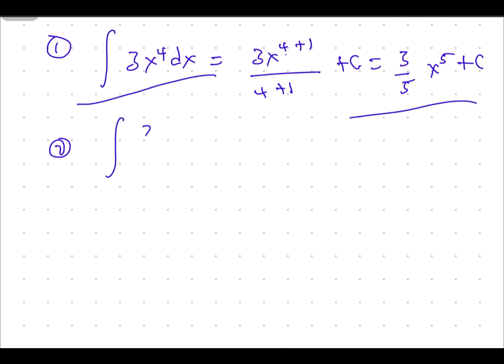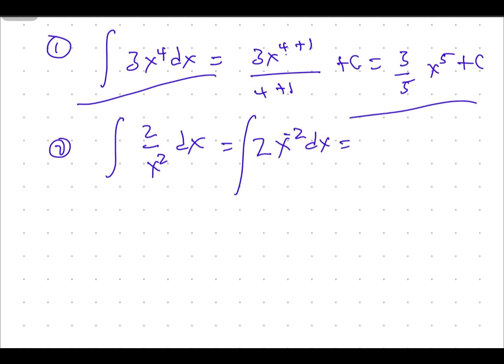Integrate the function 2 over x squared dx. So integrating this, what you need to do is write 2x power -2 dx. This is a further simplification that you can do to help you apply the power rule.